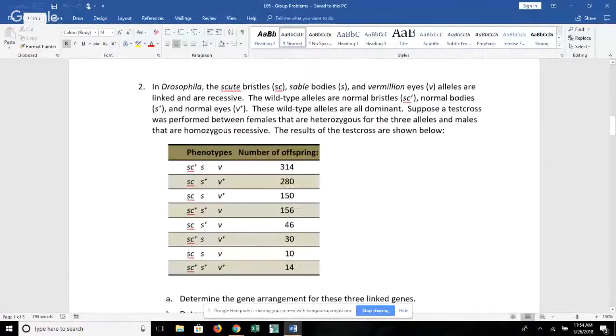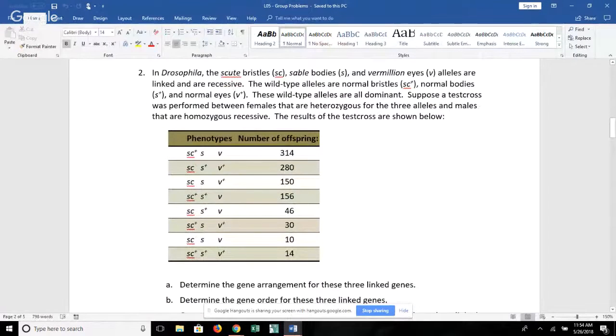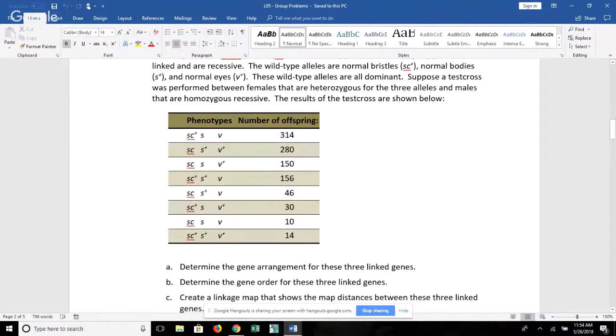For question 2, it was about the fruit fly Drosophila, and it involved the scute bristles, the sable bodies, and the vermilion eyes, and all 3 of those are recessive, and each one has its own wild type. Once again, I looked for the two most numerous, and I got wild type for the bristles, normal bodies, and normal eyes.